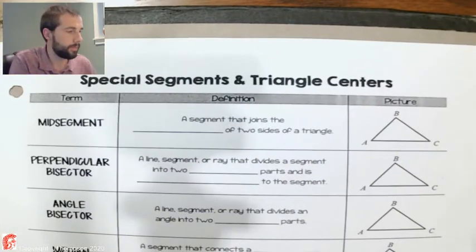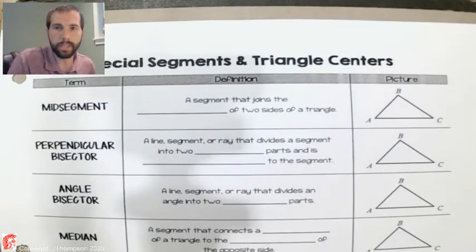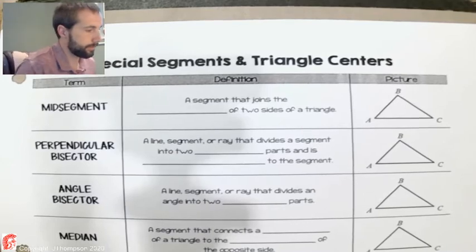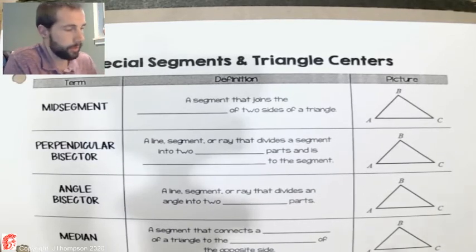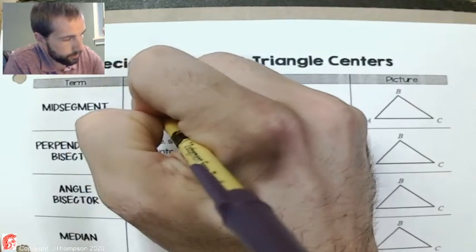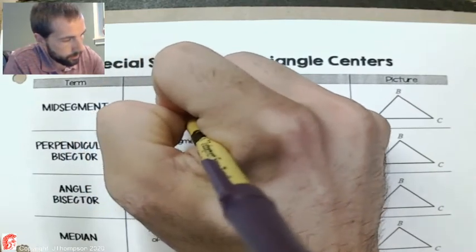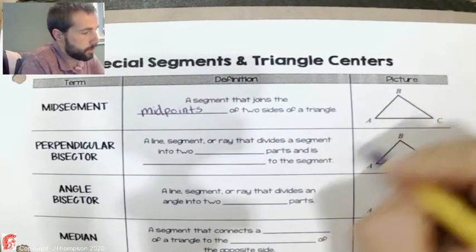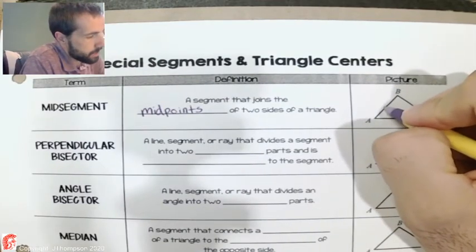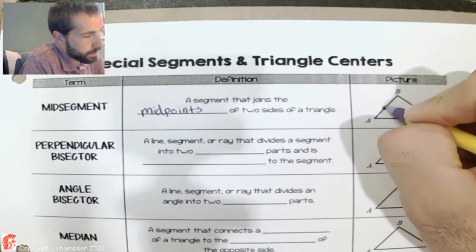Okay, so the first vocabulary term is a midsegment. A midsegment is a segment that joins the midpoints of two sides of a triangle. So over in the picture below, what we're going to do is find the midpoint of two of the sides. So we're kind of estimating here, but we're going to put all the markings.